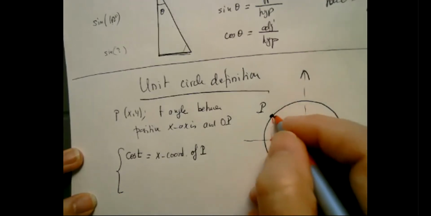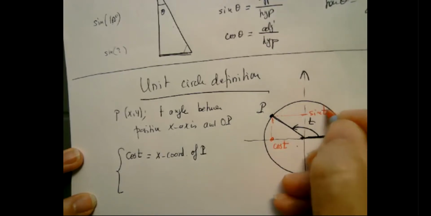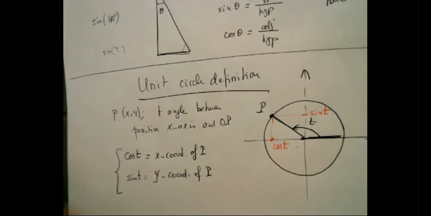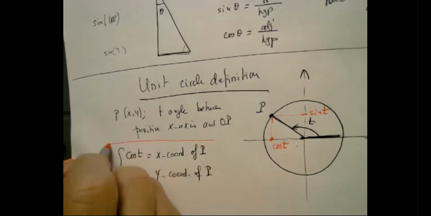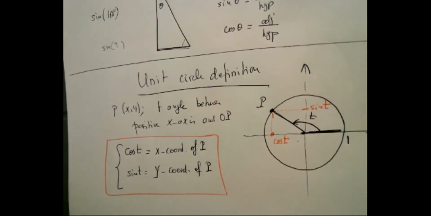The sine is the y-coordinate of the point P. This is absolutely to be known. That's the definition of the sine and cosine. That's the one we will be using most of the time.